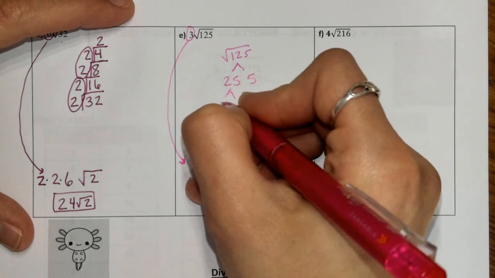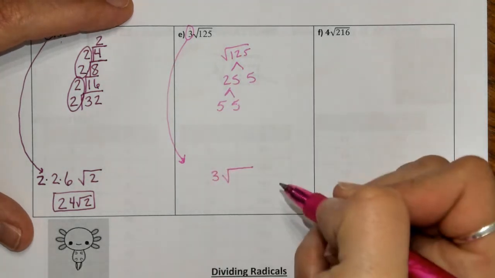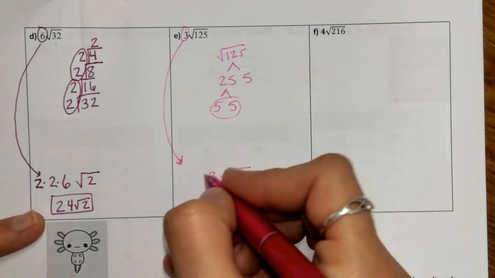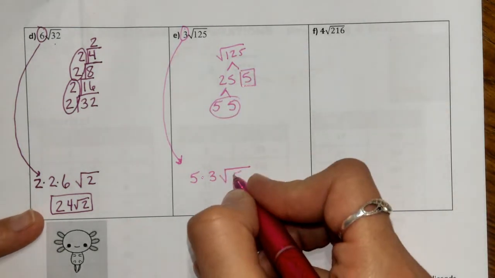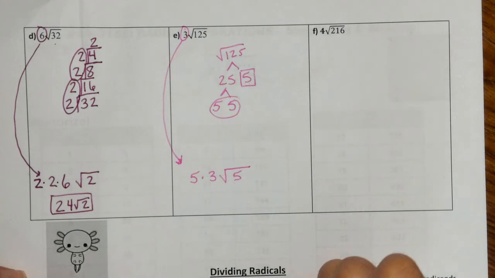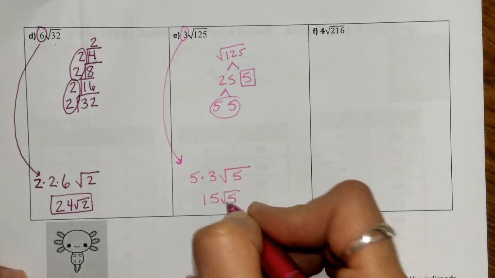This 25 can now be broken down to 5 times 5. And all I have are prime numbers left, so I'm done factoring. Find my pairs, they join outside with 3, and find my lonely little guy, 5. I put him on the inside. 5 times that 3 is going to give you 15, and then we leave that square root of 5.